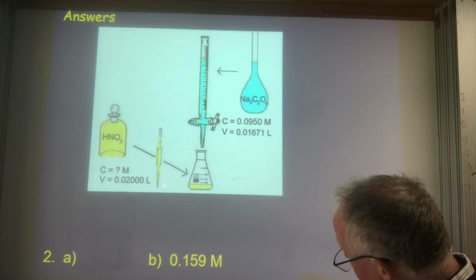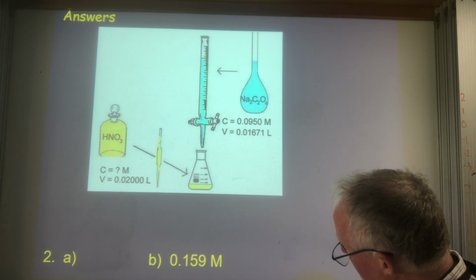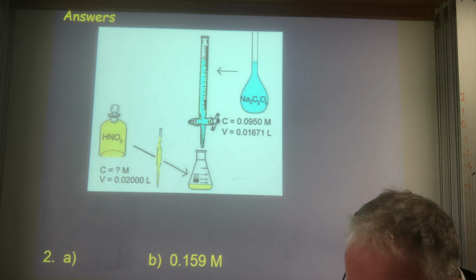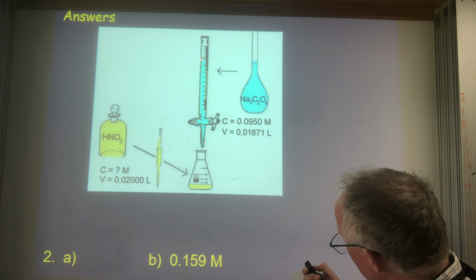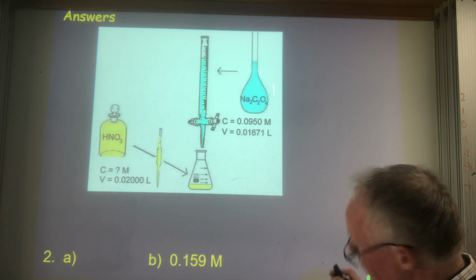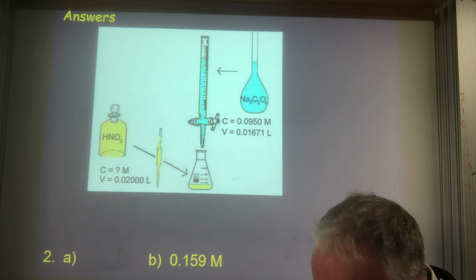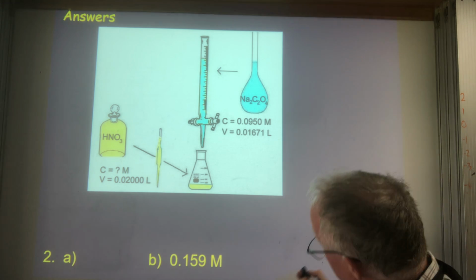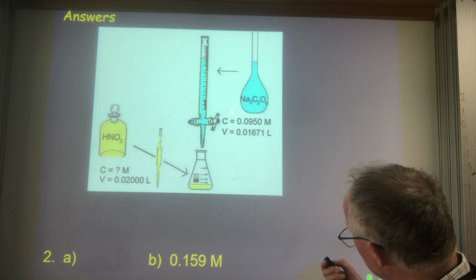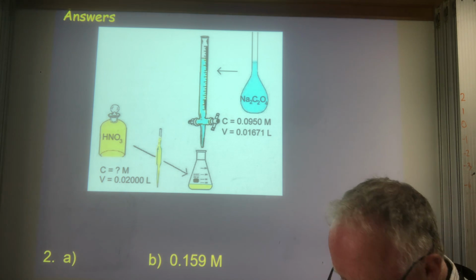That means nitric acid is over this side going into the conical flask. The standard solution is the sodium oxalate, which therefore must be going into the burette. Standard solution is the one we know the concentration of. We're given the concentration, and the titre has to be that volume coming out of the burette.